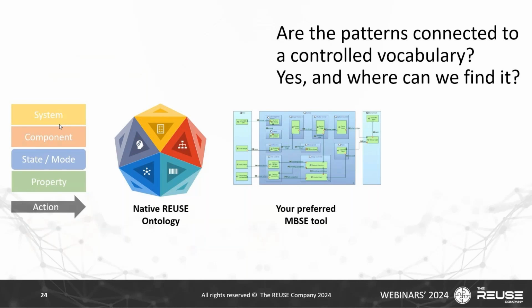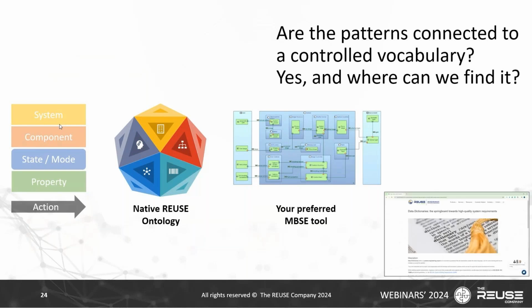Or you can establish the ontology to be connected to your preferred modeling tool. Could be Capella, Cameo, Enterprise Architect, Papyrus, or plenty of other model-based systems engineering tools, right? Could be conceptual modeling or even physical modeling.